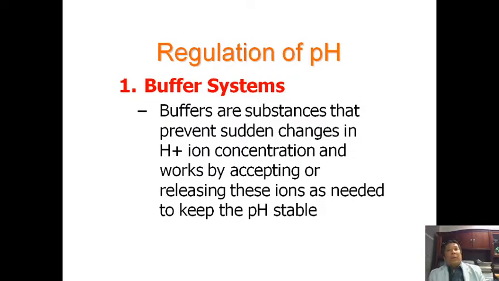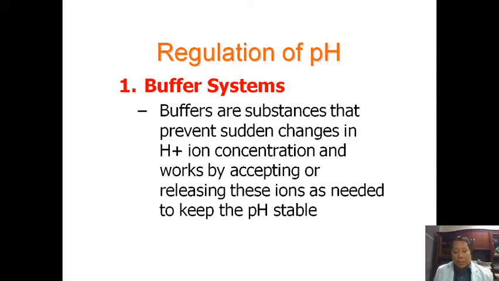The same way that carbon dioxide plus water can form H2CO3. So carbon dioxide, CO2, plus water, H2O, if you combine them, that will create H2CO3, which is an acid, and accumulation of that can again lead to acidosis.